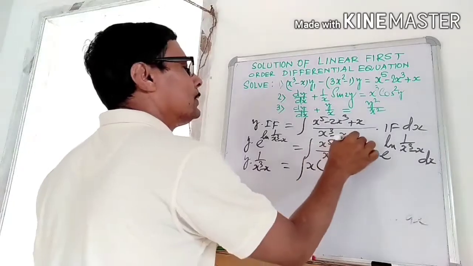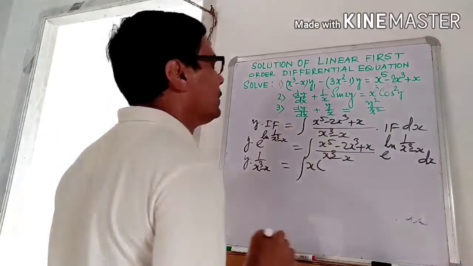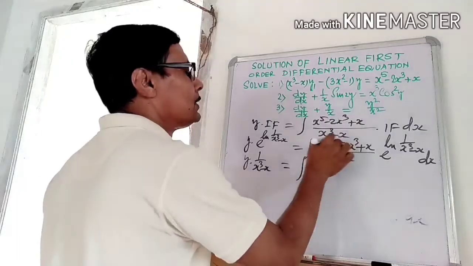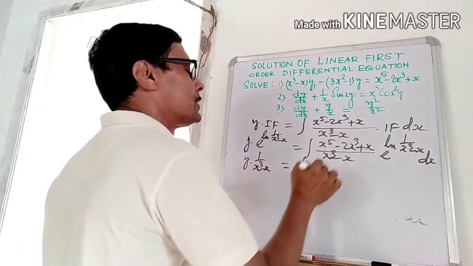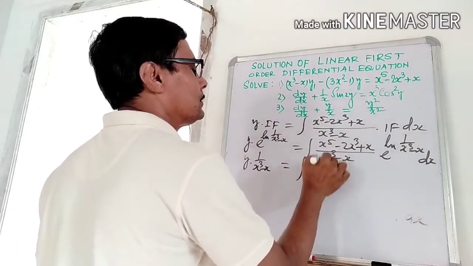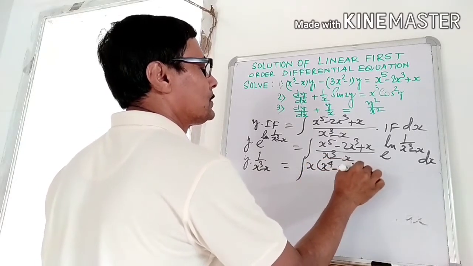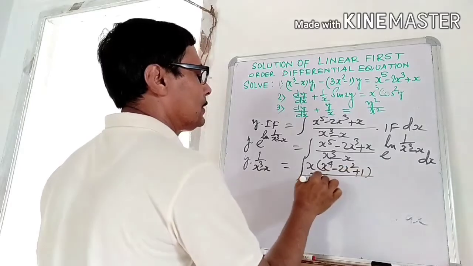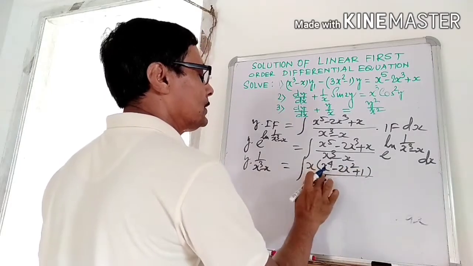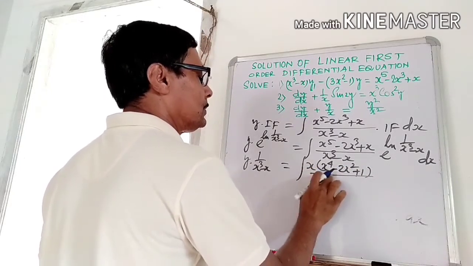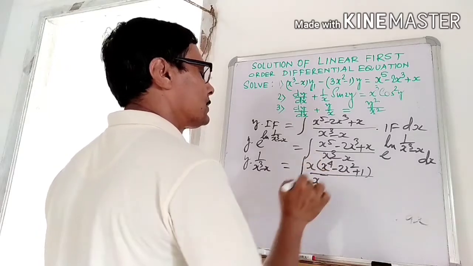If we factorize this component, that is x⁵ minus 2x³ plus x, we get x(x⁴ minus 2x² plus 1). The dividend is also factorized.